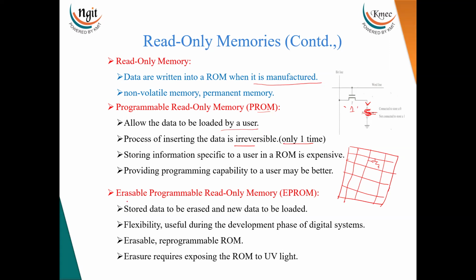Next, erasable programmable read-only memory, EPROM. Here, using a single transistor, the program can be written, and we can erase the program and rewrite it. A permanent connection P is made to the ground, and here we are using a special transistor which can act like a normal transistor or a disabled transistor.